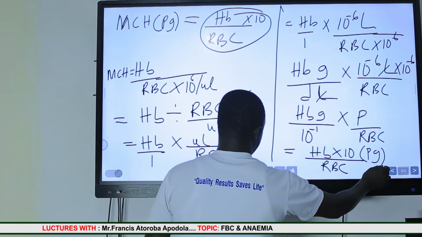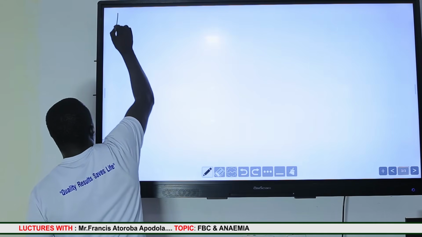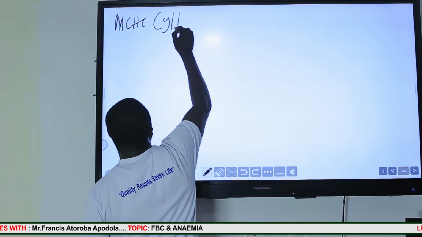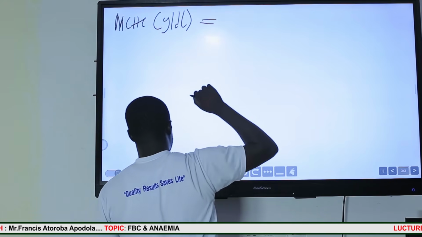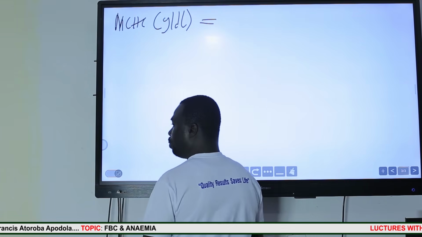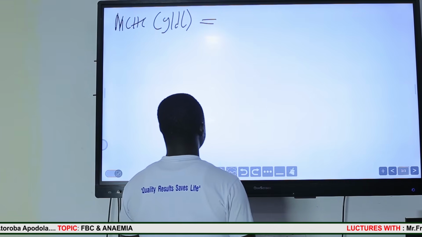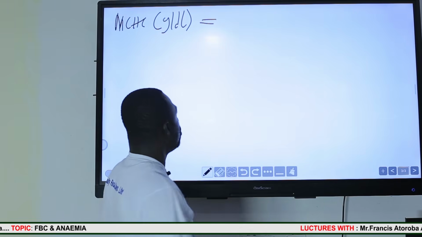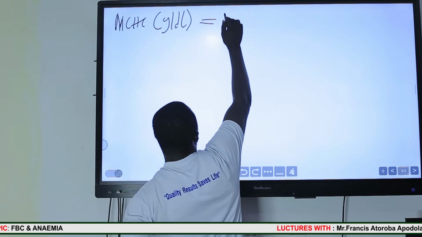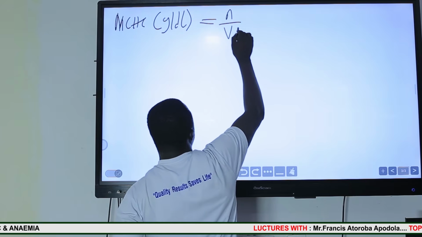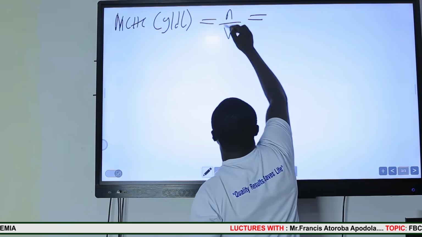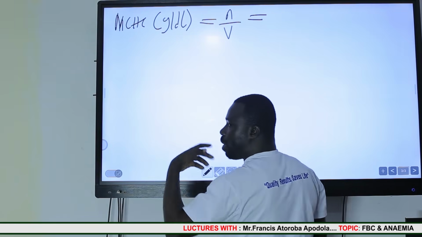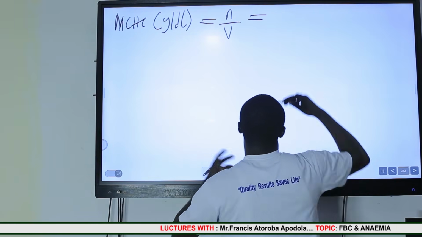So let me give you the last one. MCHC, which is in gram per deciliter. MCHC is concentration. And you know concentration is equal to amount over volume. The amount in this context, which of the red cell indices was defined in terms of amount?